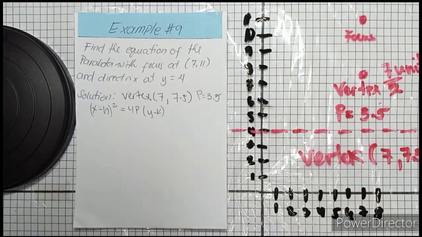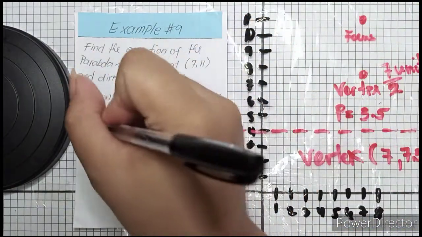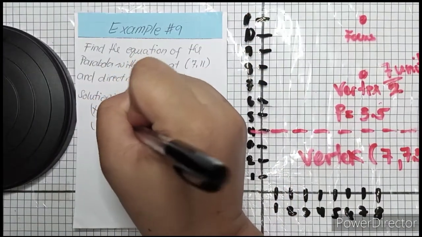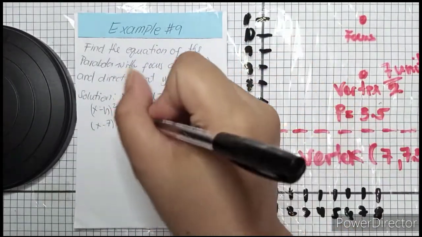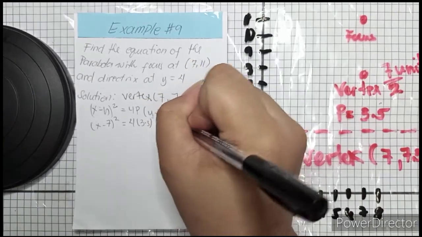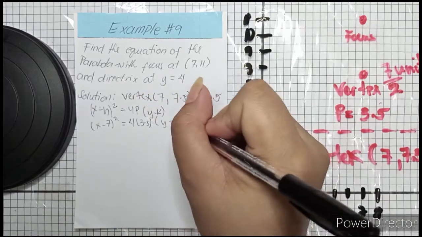So, substitute na natin yung mga values natin para makuha natin yung ating equation. So we have (x minus 7) squared, then 4 times p which is 3.5, times (y minus 7.5).